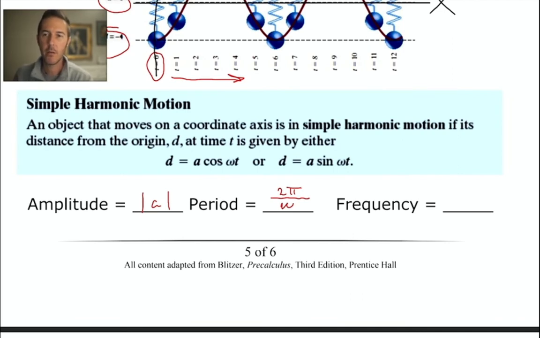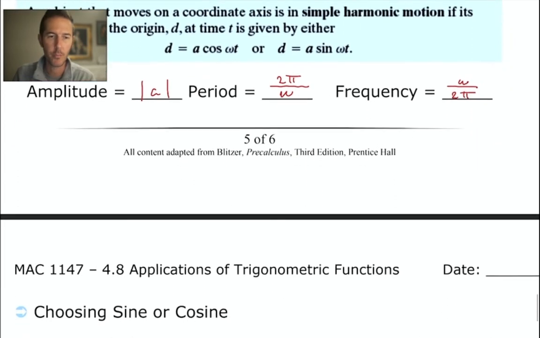How many occurrences are happening within one particular measure of time, for example, is one way that we could look at frequency. And as it happens, frequency is the reciprocal of the period. So if you're asked for the frequency, you can calculate the period and take the reciprocal.